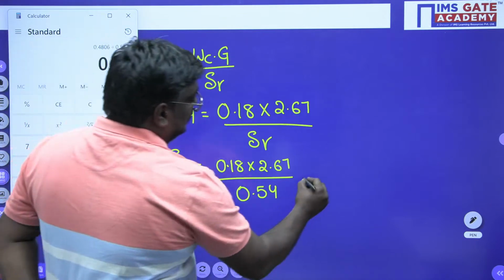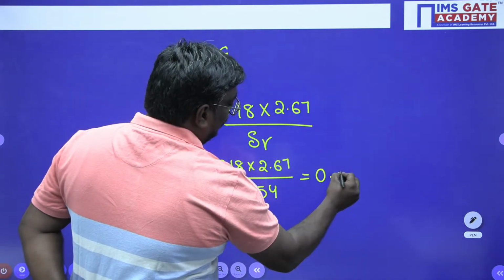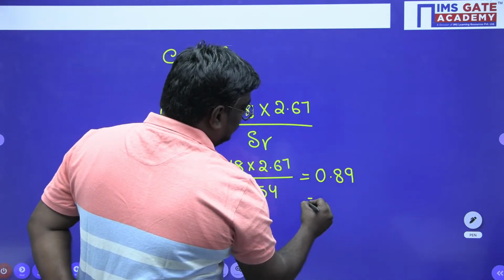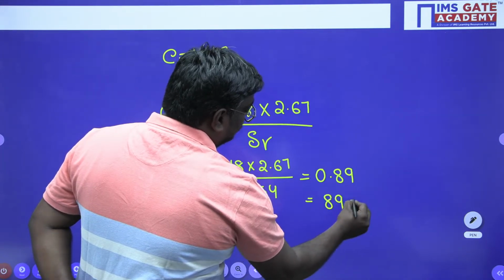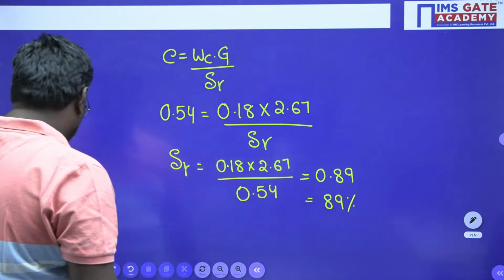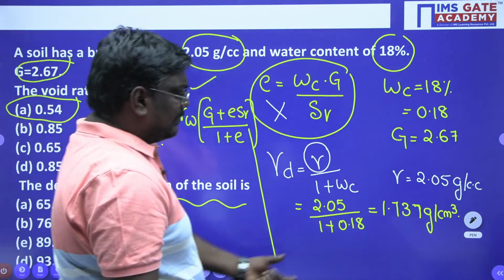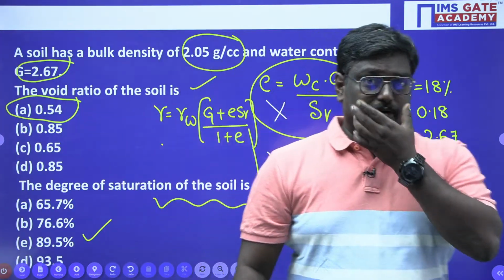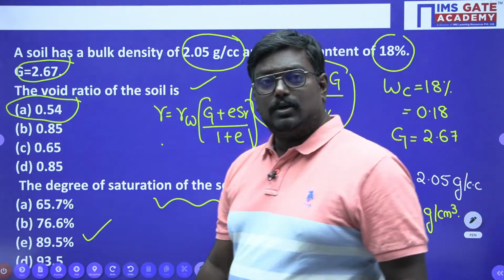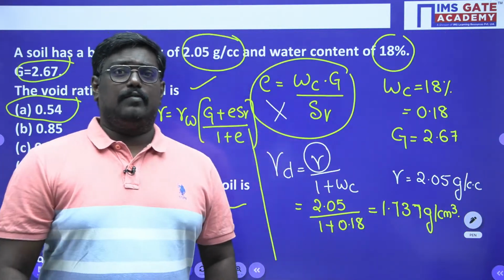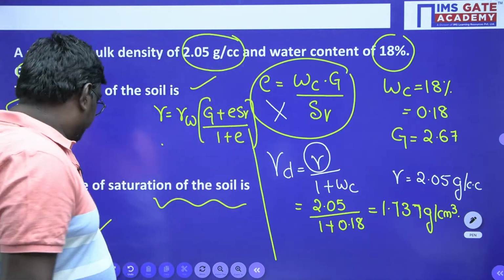So the degree of saturation will be 0.89. If they ask in percentage, it will be 89 percent. It will be equal to 89.5 percent if you take the value of void ratio as 0.537. Okay, I hope you are clear with this problem.